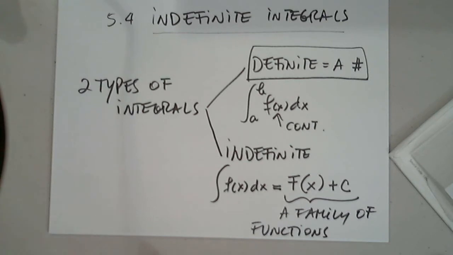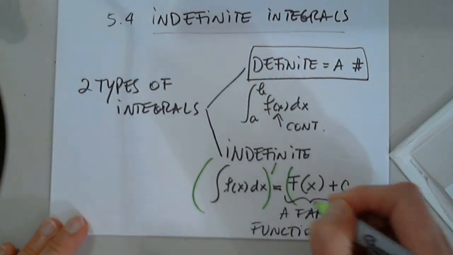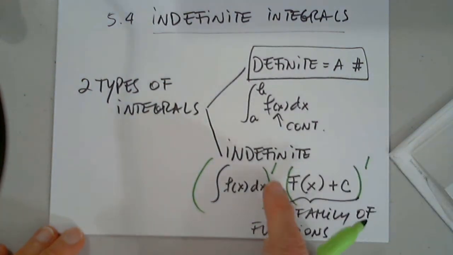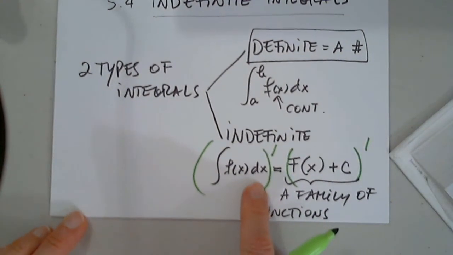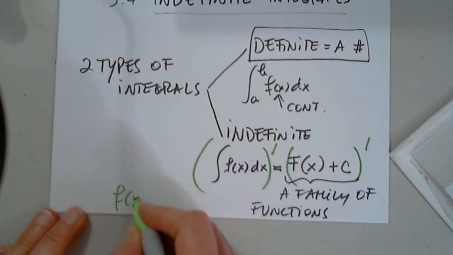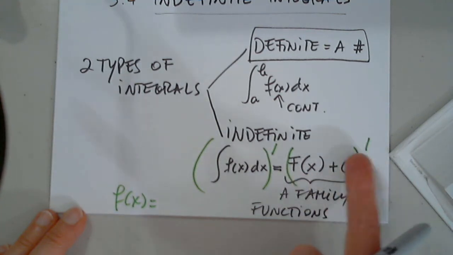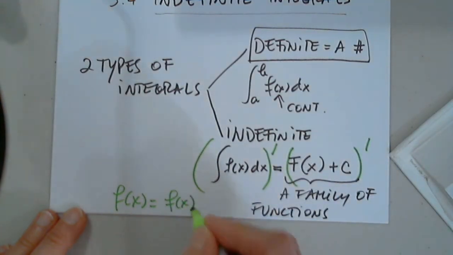Yes? You take the integral of it? You mean differentiate? Differentiate. Right. What do I get on the left-hand side? Just f of x. Exactly. What do I get on the right-hand side? The antiderivative prime must be f of x.